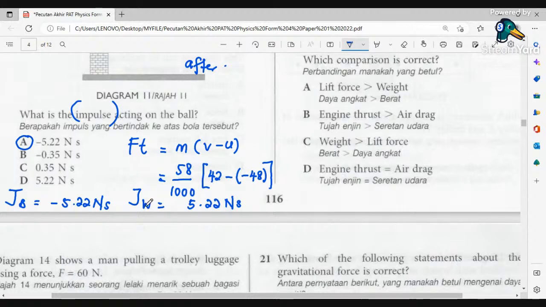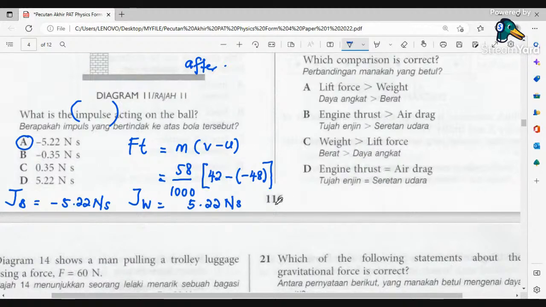Okay, so you will get ialah action force on the wall. Okay, on the wall, which is 5.22 Newton second. We want to calculate impulse on the ball, which is reaction force. So dia adalah negatif.